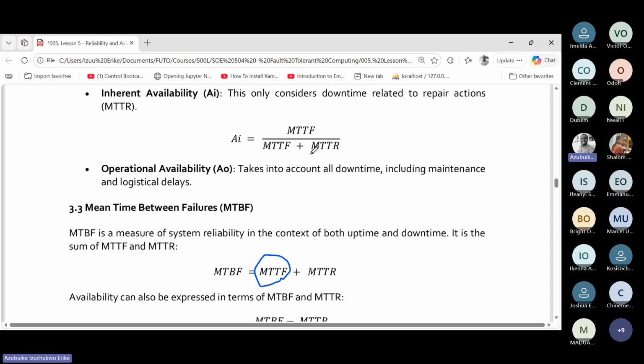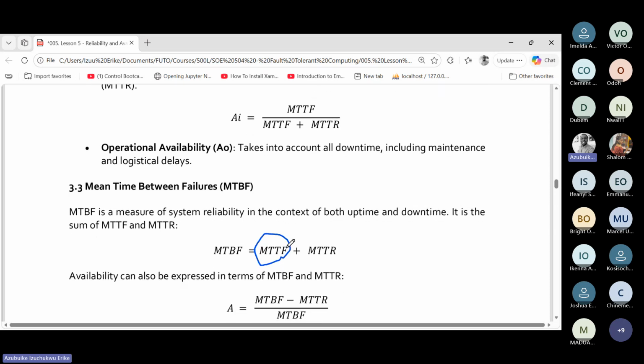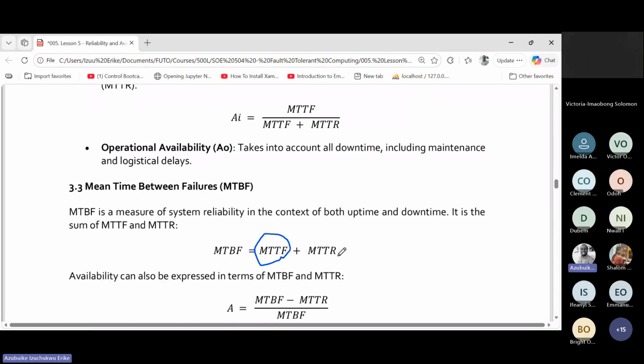Now, if in a question we are not given MTTF, but we are given MTBF and the MTTR, we are saying that the MTBF, the mean time between failure, is also a function of MTTF and MTTR. And so we can compute MTTF by subtracting MTTR from MTBF.